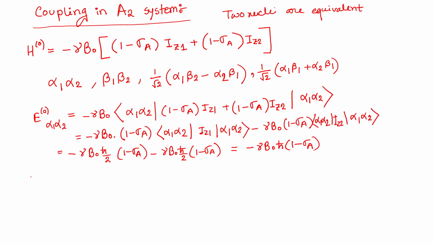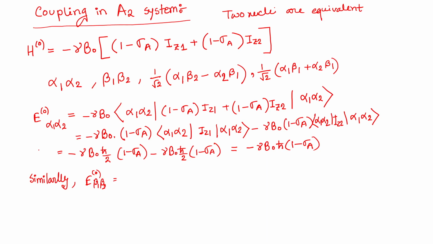What about beta 1 beta 2? Similarly, you will be able to show that the unperturbed energy is the same but with a positive sign. Why? Because it is beta 1 beta 2. So when you operate Iz on beta, it will give you a minus beta.